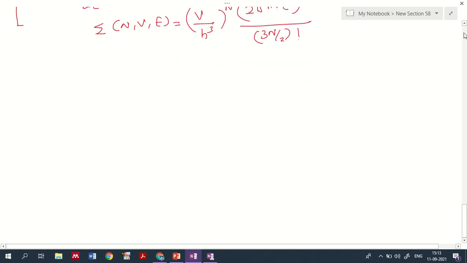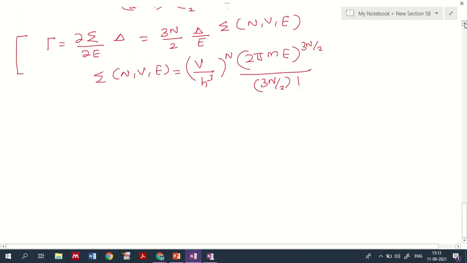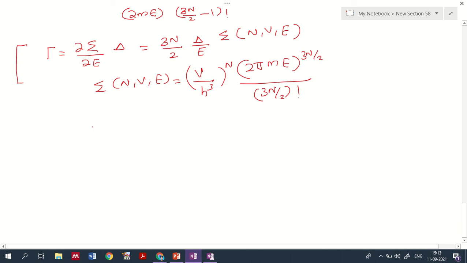So I'll be getting gamma equal to 3n by 2, delta by E, into sigma.